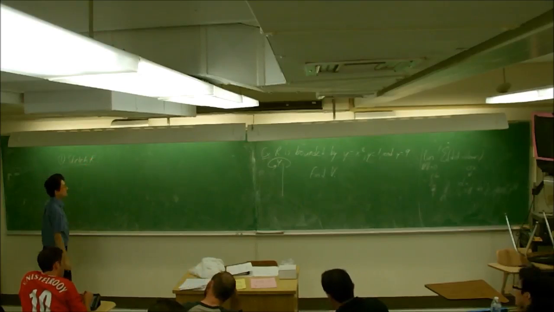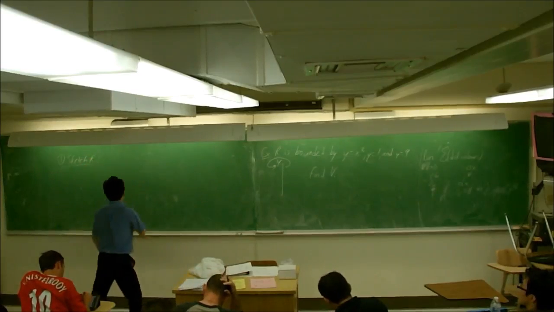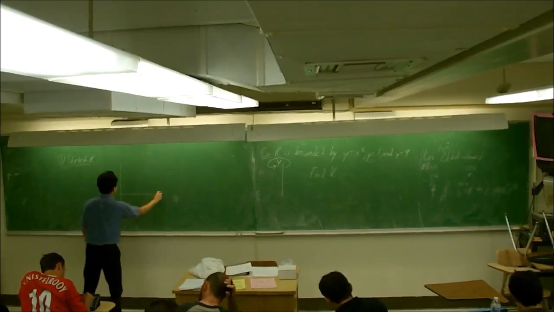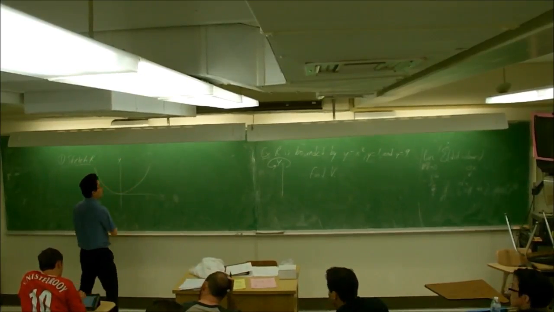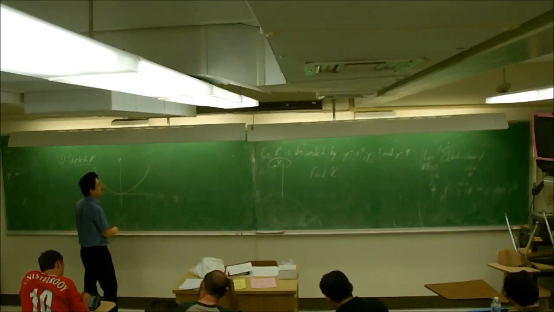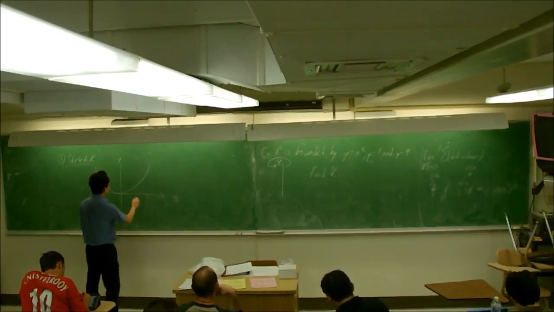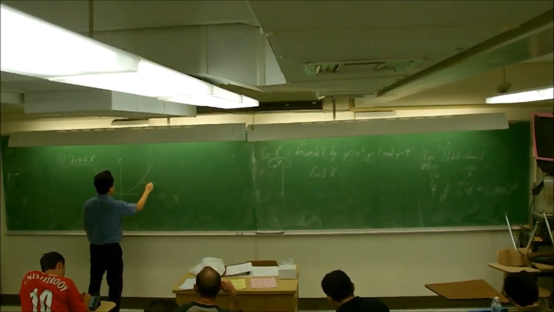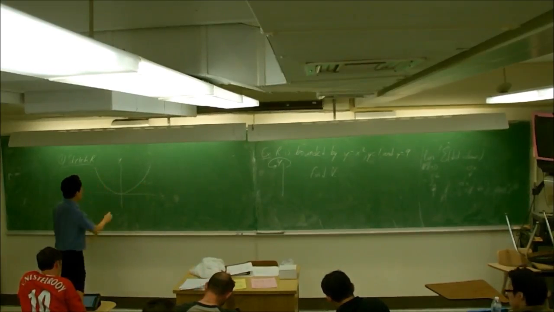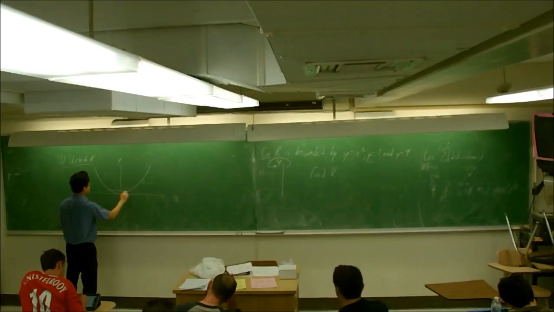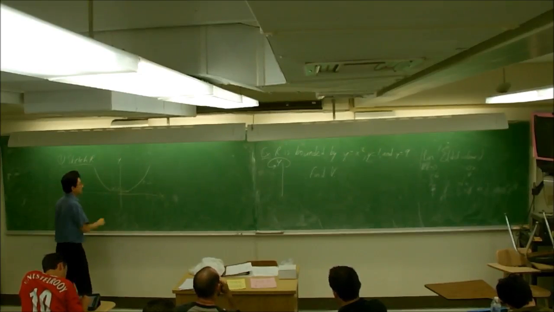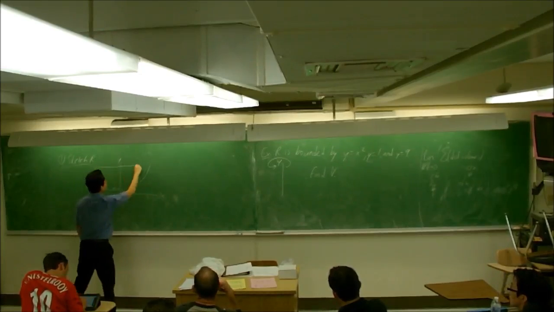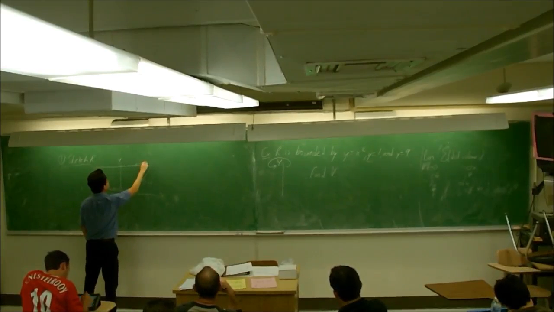R is bounded by the graphs of y equals x squared. That's this guy, our old friend. I'll label him for now. We also have y equals 1, that's this guy here, and we have y equals 9 over here.